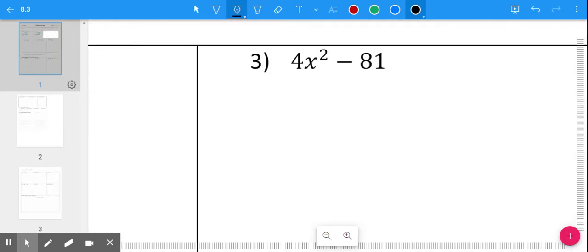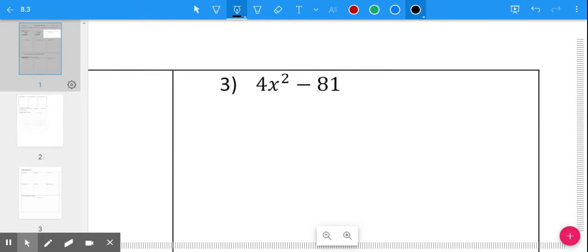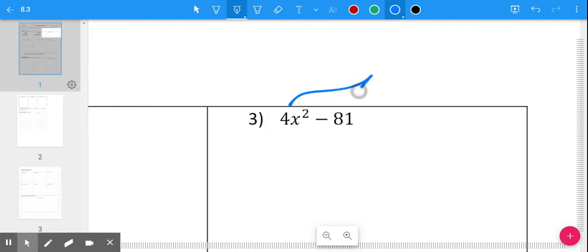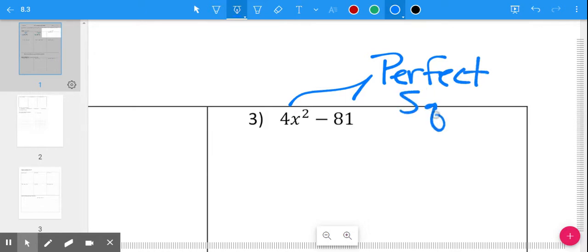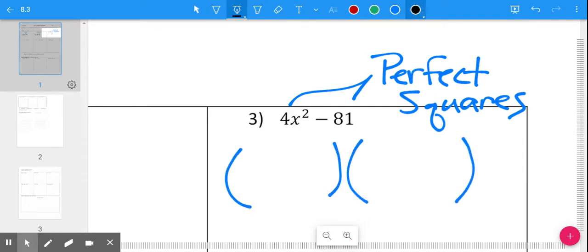So on this one, we have 4x squared minus 81. Now I know that both of these numbers, 4 and 81, are perfect squares. So I can save myself a lot of time. So I know in order to multiply two numbers to make it a negative, one has to be positive and the other has to be negative.